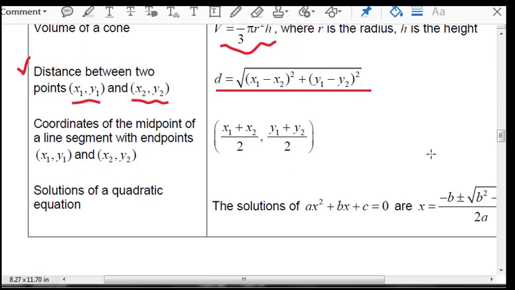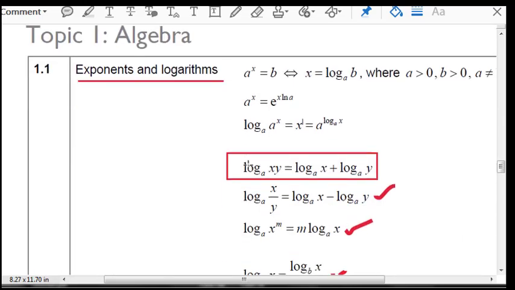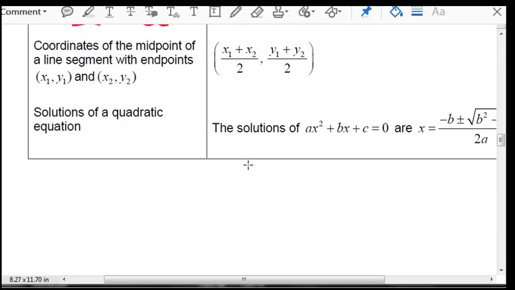Actually, these are the coordinate points. Okay, now go to the next slide, next page.